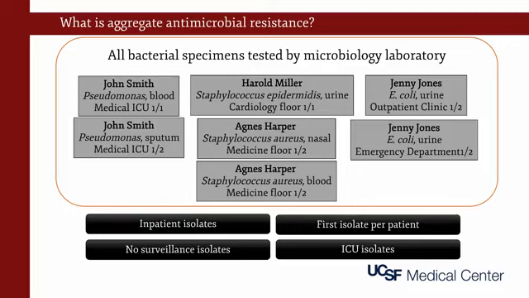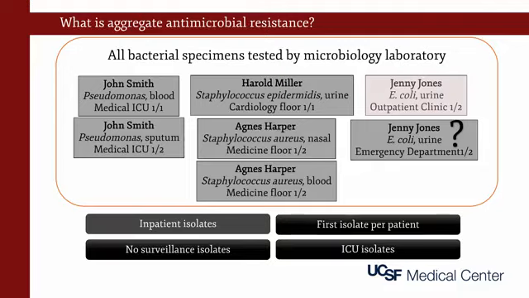Whenever you're reviewing an aggregate antimicrobial susceptibility report, it's important to ask which rules were applied to the data. Common examples include inclusion of only isolates submitted from inpatient locations, which can leave the emergency department as a gray area for decision in terms of whether or not they should be included in an inpatient antibiogram.